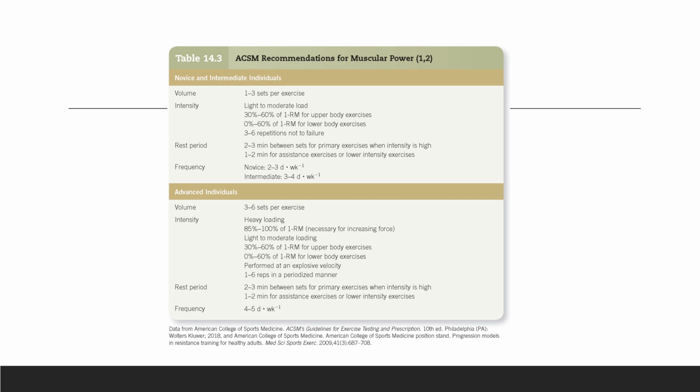Here you're going to do about 1 to 6 reps, cycling through, and 2 to 3 minutes between your primary exercises when your intensity is high, or 1 to 2 minutes for those assistance exercises or lower intensity. Typically this is done 4 to 5 days per week to allow for some rest and recovery.